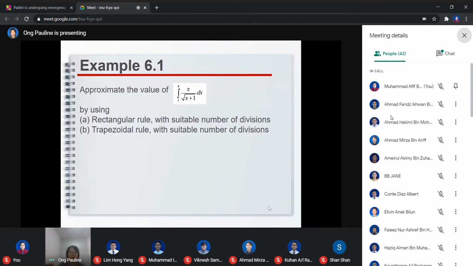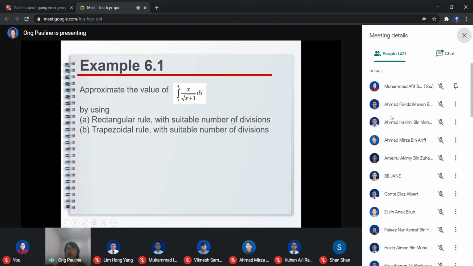Let's say we want to approximate the value of this function by using first the rectangular rule, second the trapezoidal rule, with a suitable number of divisions. So the n you need to determine yourself.